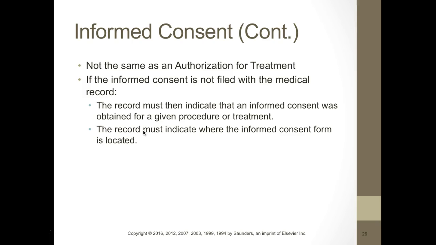So if the informed consent is not filed with the medical record, the record must indicate that informed consent was obtained for a given procedure and treatment, and the record must indicate where the informed consent is located. A lot of the times when we do a procedure, we scan it into our PACS system, and then I just put into the EMR that informed consent is within PACS with the patient study.